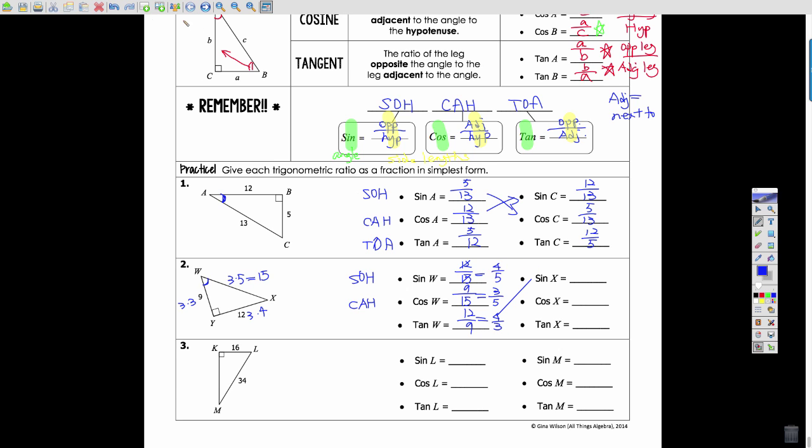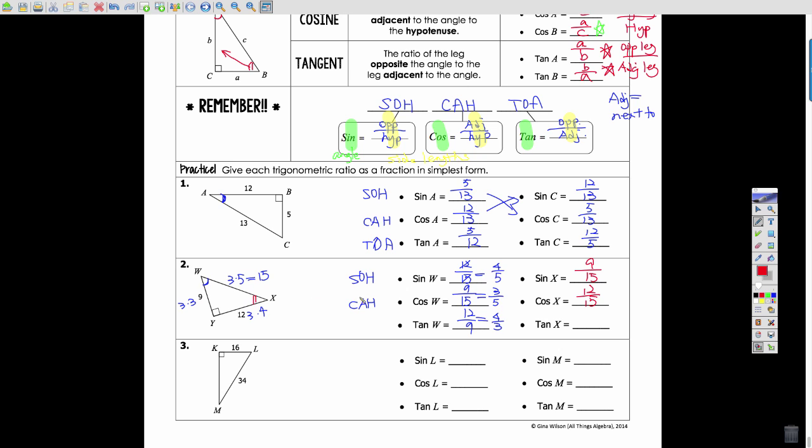Okay, now if you want to use our shortcut to find your sine and cosine of the other angle, that's fine. But this time I'm going to use the same approach, Sohcahtoa. Sine is opposite of x. Opposite of x is 9 over hypotenuse is 15. Cosine is adjacent. Adjacent of my angle x is 12 over hypotenuse, 15.